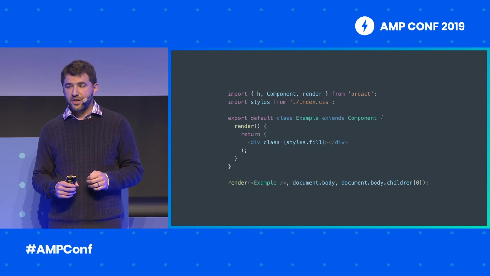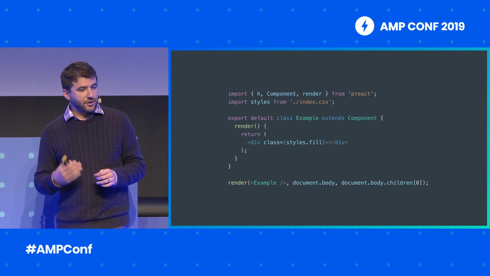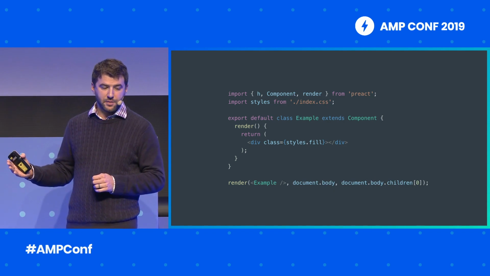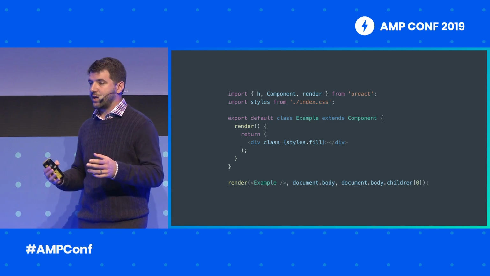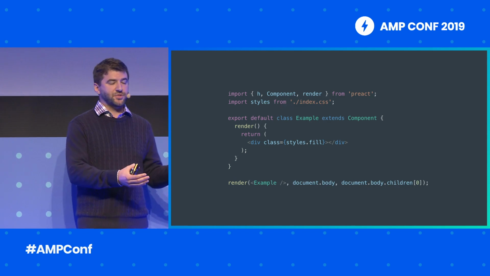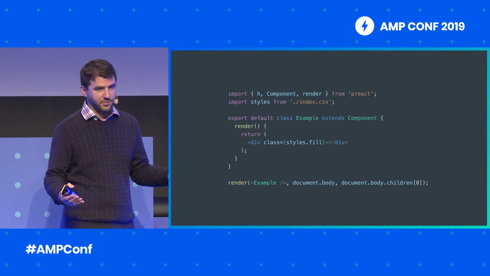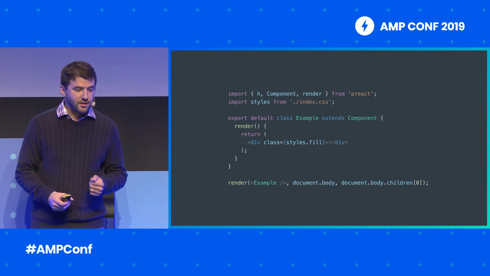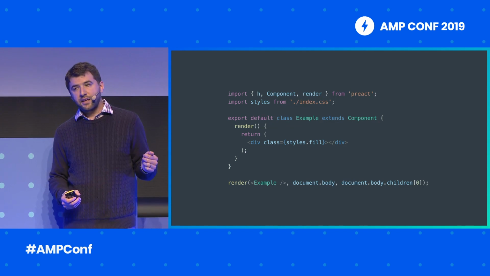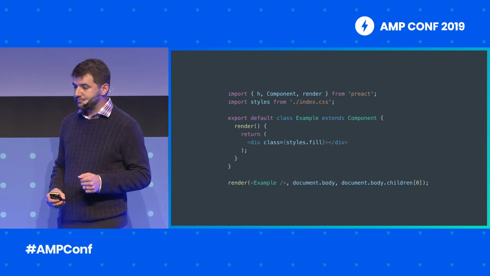Next, we need to write some JavaScript. That JavaScript will interact with a DOM inside of the AMP script element and treat the root of the AMP script element as the document body. So each AMP script element that you create is a new document and a new document body. This example is using Preact. And all we're doing is creating a div node in our component method.